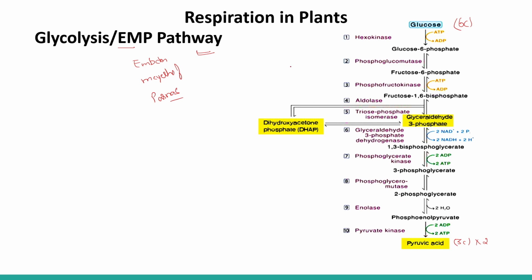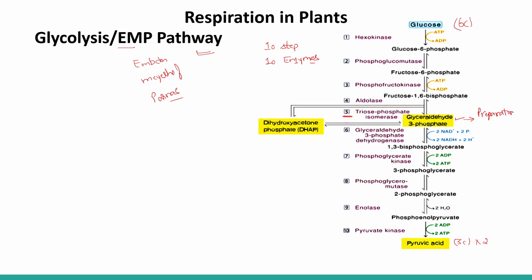Here you can see glycolysis is a 10-step pathway, and it consists of 10 enzymes which are present in the cytoplasm. Till step 5, or till the formation of glyceraldehyde 3-phosphate, it is known as the preparatory phase.